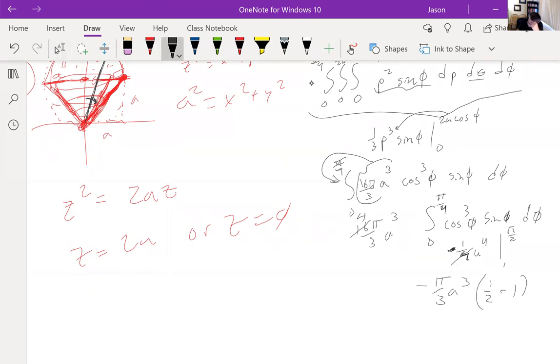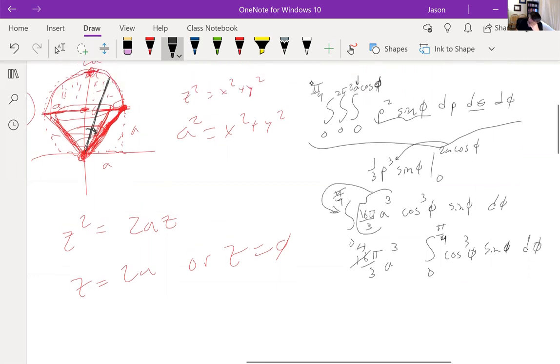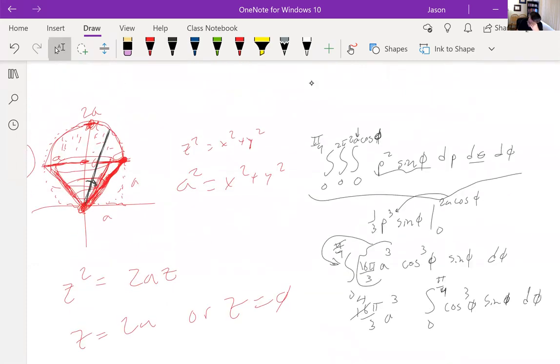And then let's go back to this step here. Zero to pi over 4. Make sure I plug this in correctly. So this is 2a.